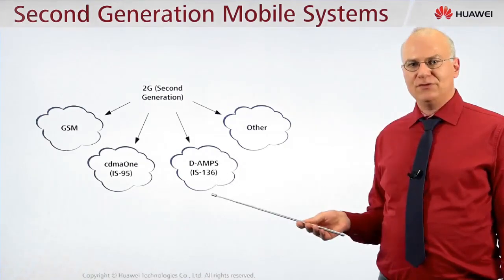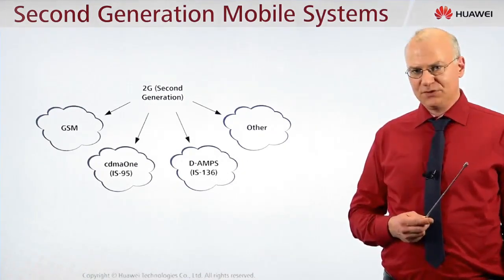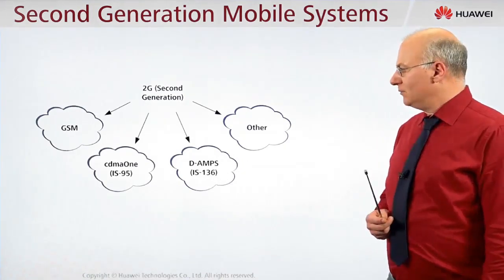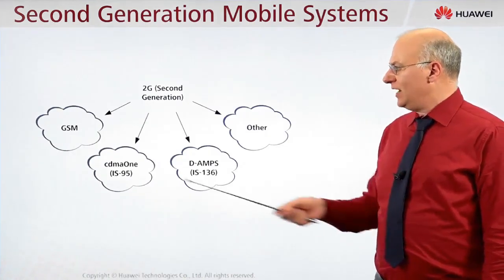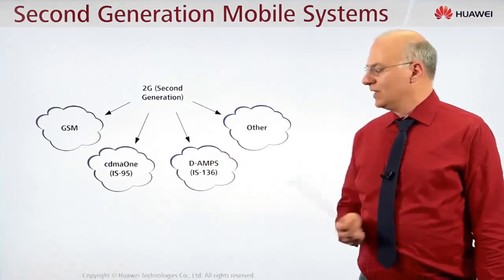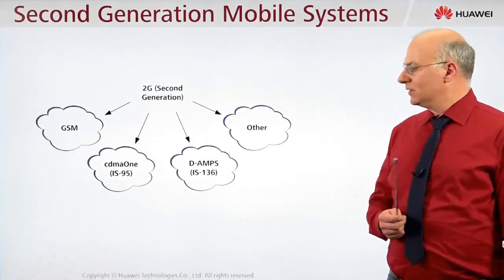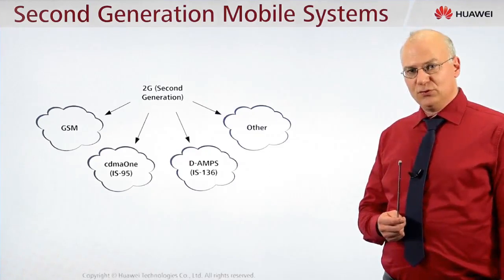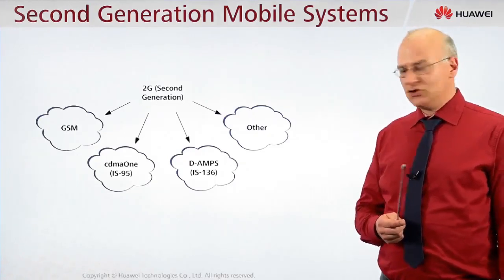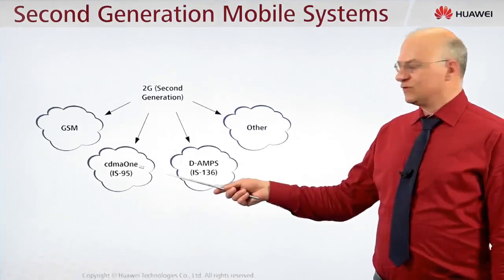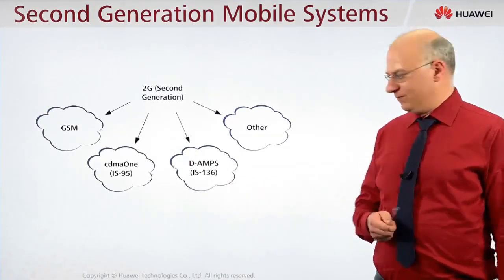uses the time division multiple access scheme, as well as GSM, and the code division multiple access scheme is also used in the second generation, and this system is called CDMA1.